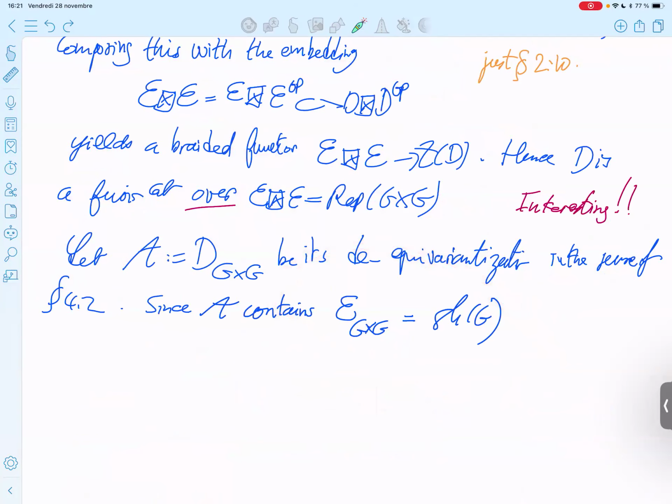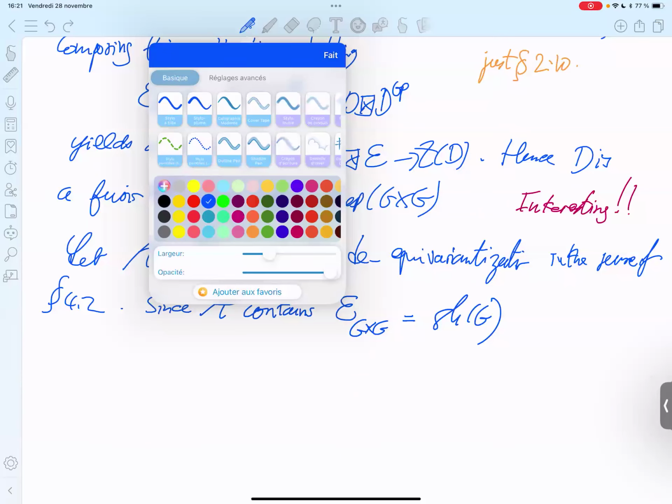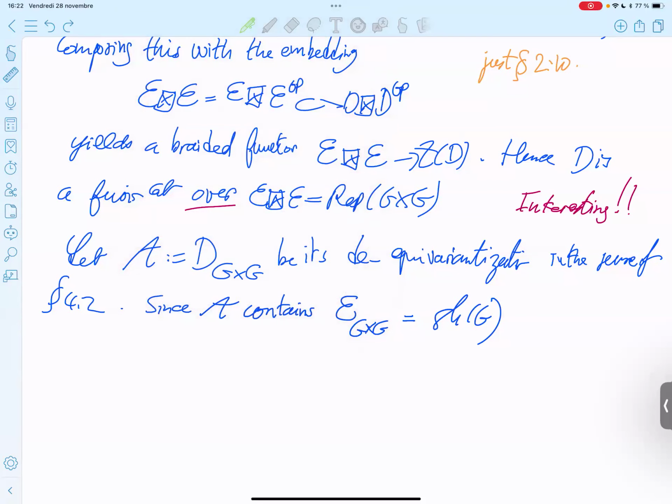So this equality follows from remark 4.48, by remark 4.48.